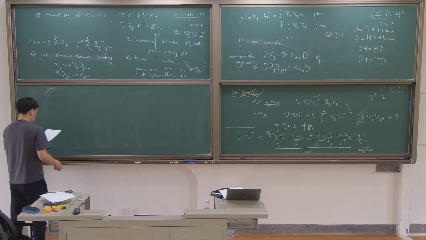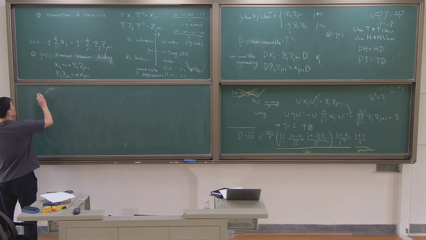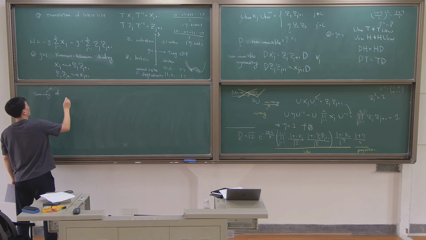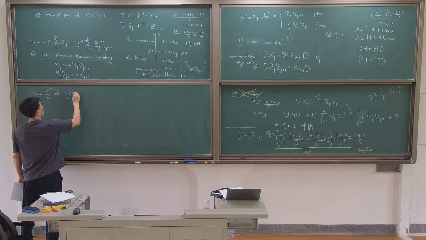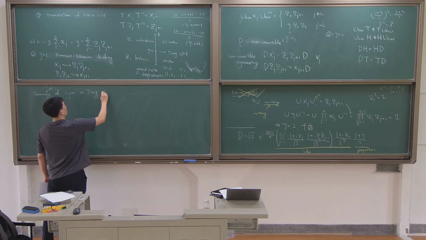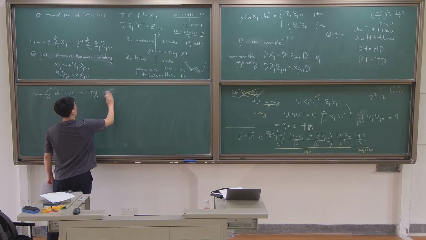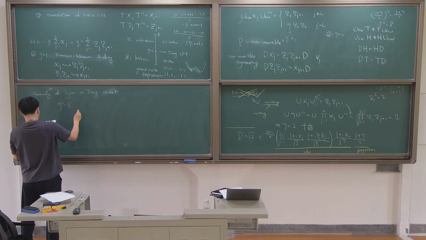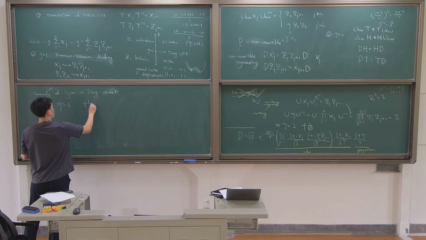So what is this? A summary of the symmetry in the Ising CFT or lattice Ising model is that A squared is equal to 1 and T to the L is equal to 1.